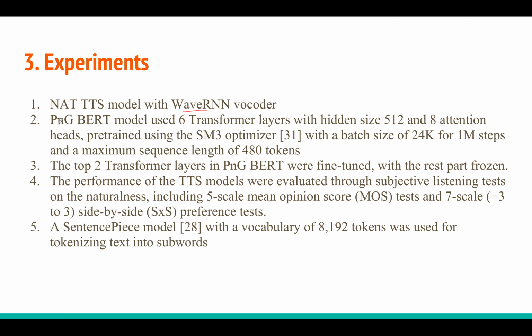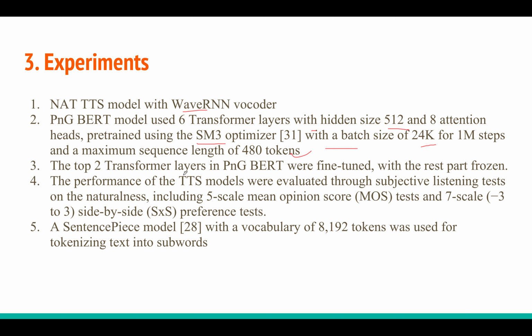Coming to the PnG BERT model itself, there are 6 transformer layers with hidden size of 512 and 8 attention heads. For the pre-training, they use the SM3 optimizer with batch size of 24,000 for 1 million steps, and the maximum length should be 480 tokens. Only the top 2 transformer layers in PnG BERT are fine-tuned; the remaining are kept frozen.